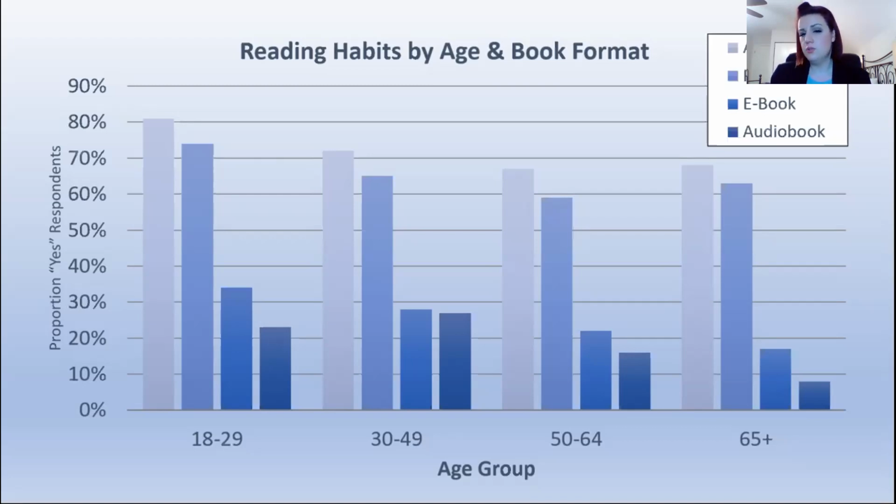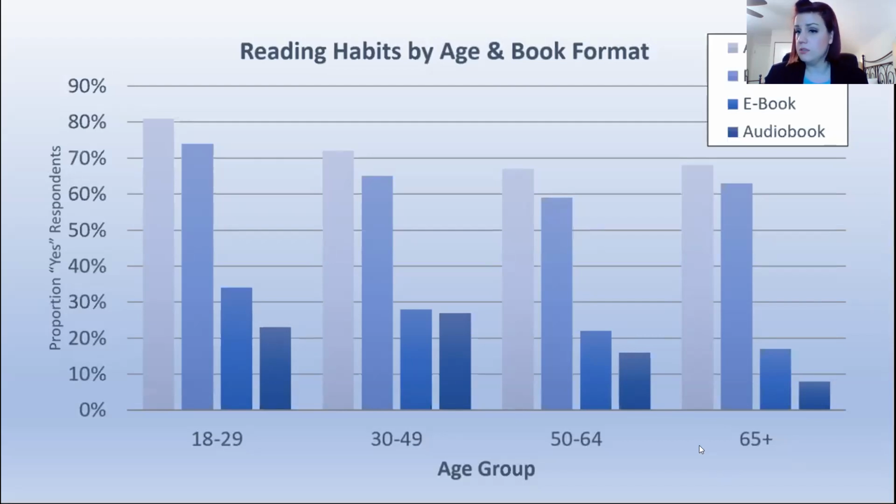The way that you organize or design your chart is going to tell a different story. So you need to think about which thing is most important for you to highlight. Are you talking more about the age groups, or more about the format of the book? The way that I have this particular chart arranged emphasizes comparison of the different book formats within any one of the 4 age groups. And you also get this idea that people's format preferences are similar across the age groups.